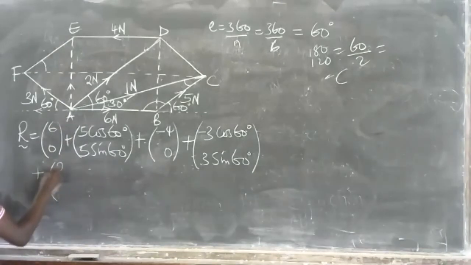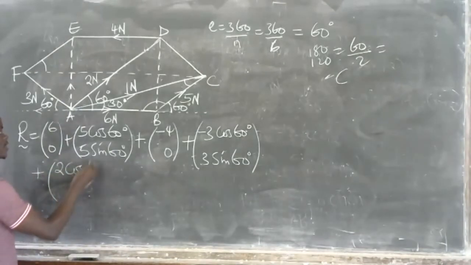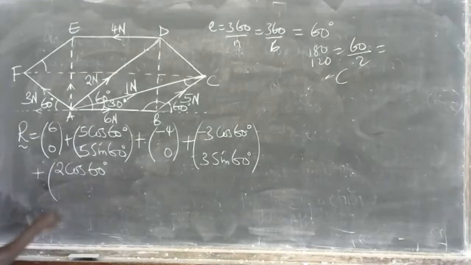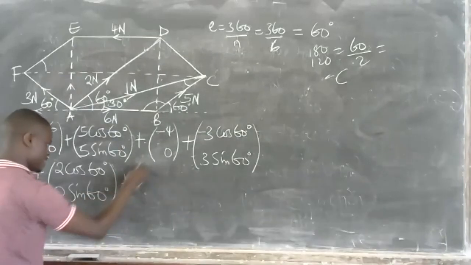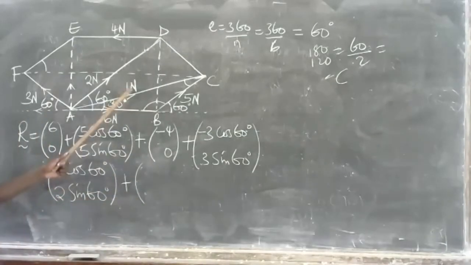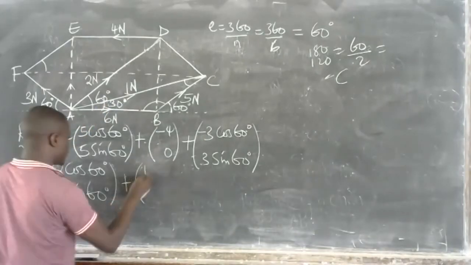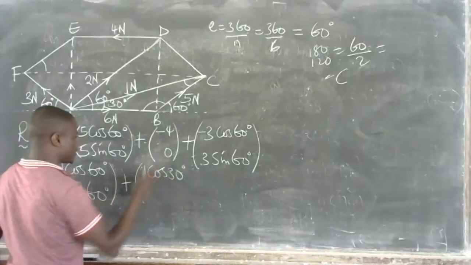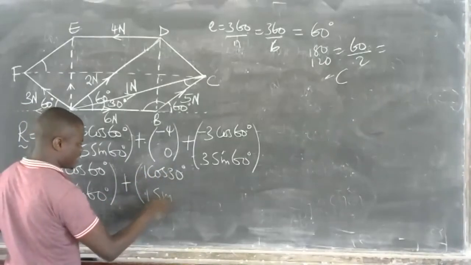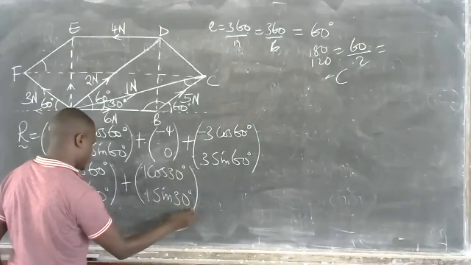So it is going to be 2 cos of 60 degrees and 2 sine 60 degrees. Plus, I go to the 1 Newton's force, which makes 30 degrees with the horizontal. So it's going to be 1 cos 30 degrees and 1 sine 30 degrees.